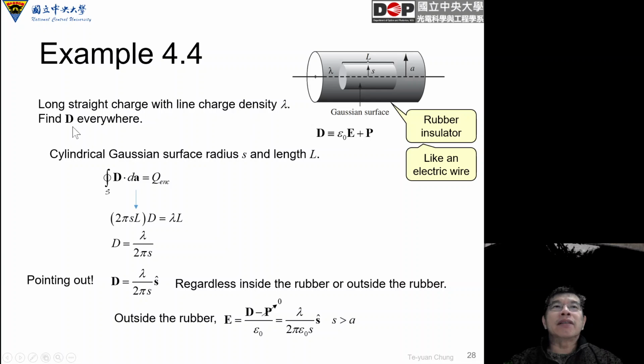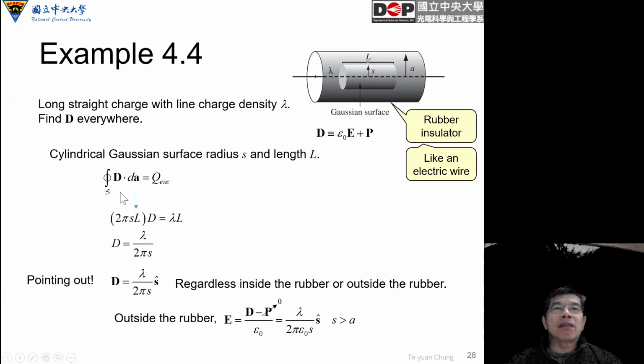So we just use the previous result, the Gauss law: the surface integration of D through the closed surface equals the enclosed free charge. This material is a dielectric and can have induced dipoles, but we don't care.